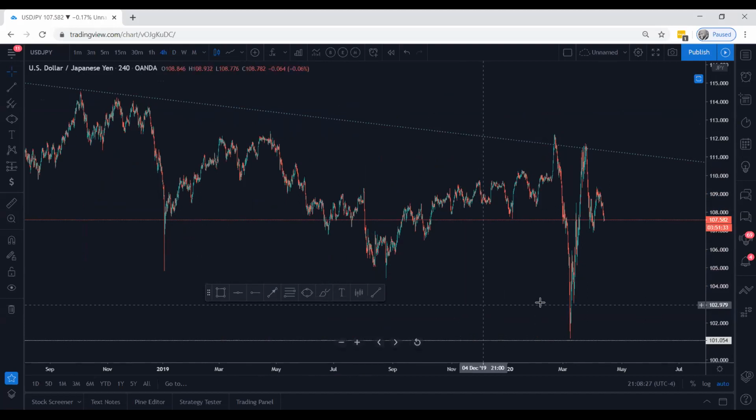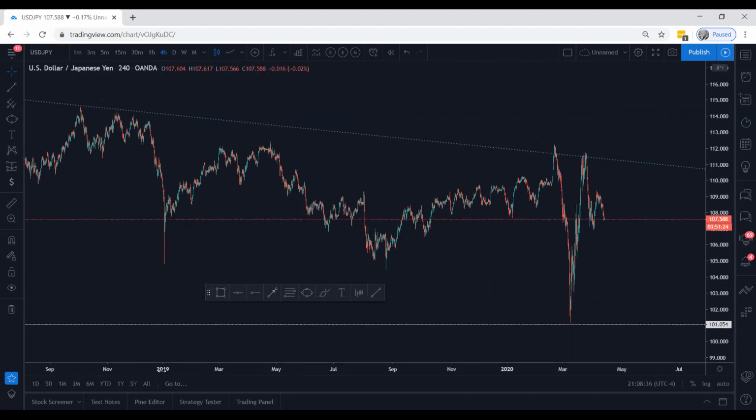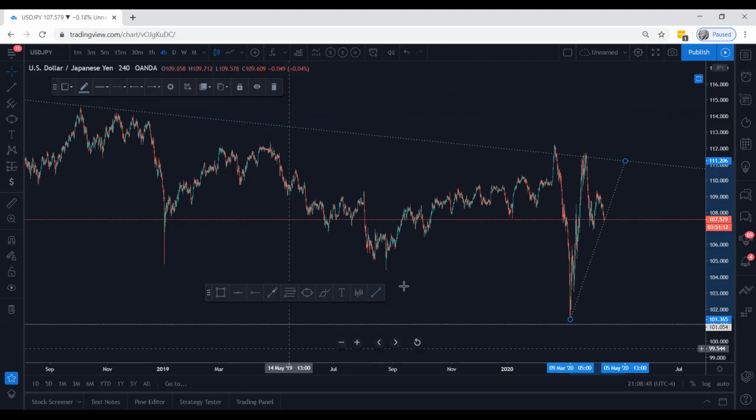Again, on the 4-hour, this is where we're going to start breaking it down and kind of seeing where we are overall. So again, if you want to box in price there, we know that this is a correction that we're getting.